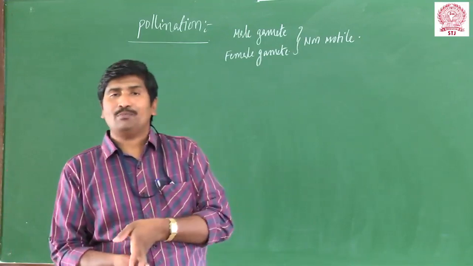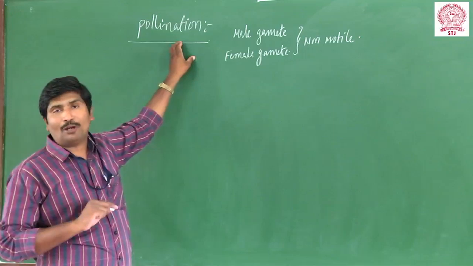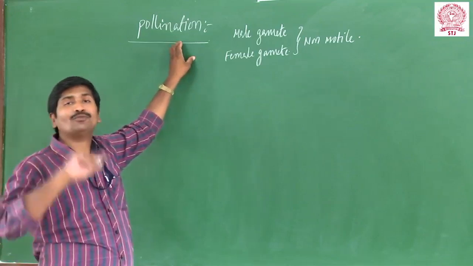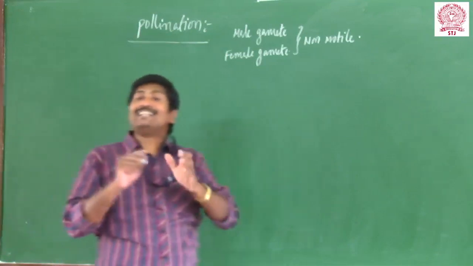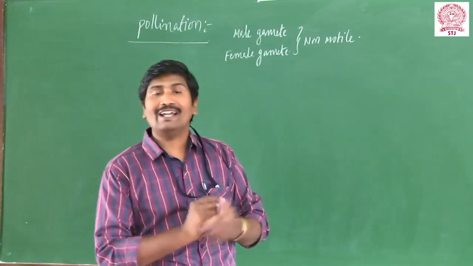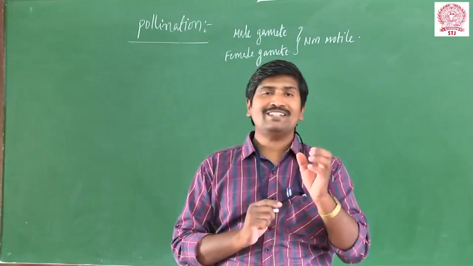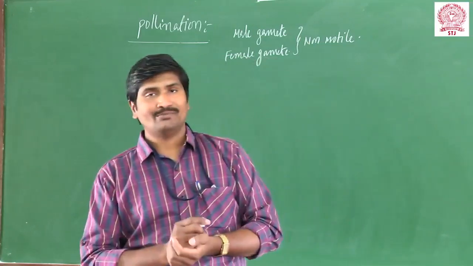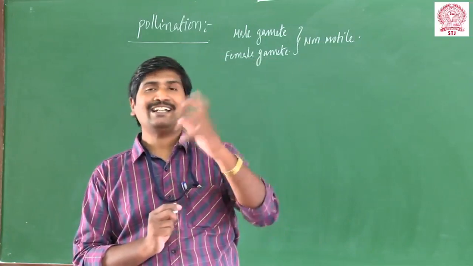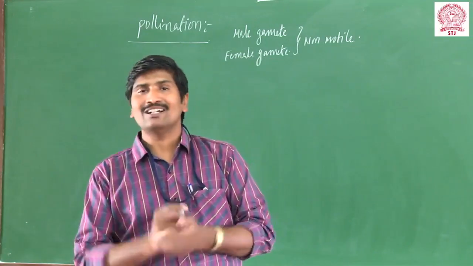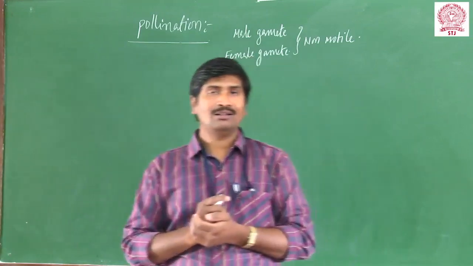In pollination, particularly, two types are there for the landing of pollen grains. First one, direct pollination. Second one, indirect pollination. In flowering plants, the pollination is indirect because the ovules are enclosed by the ovary wall.